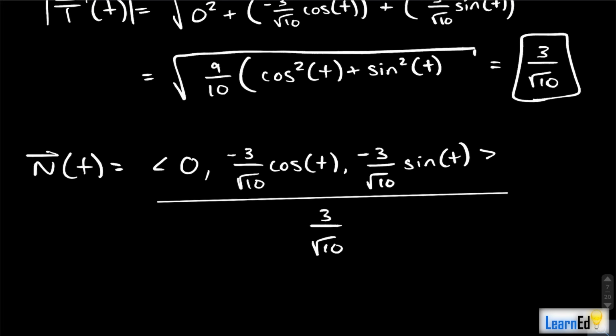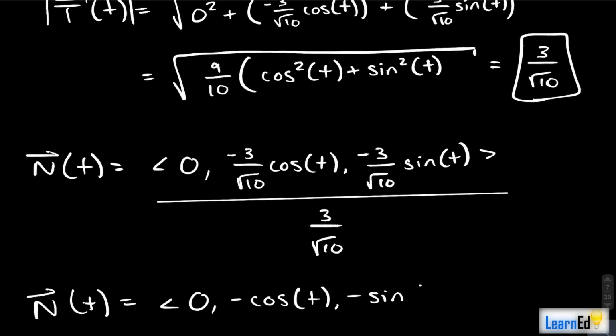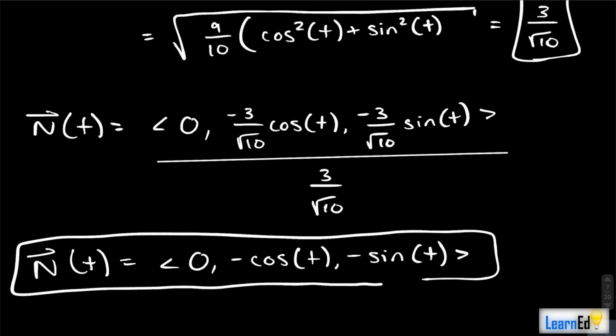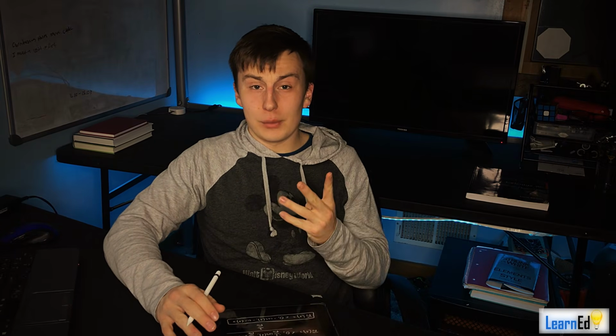Now you see that we're going to get some really nice cancellations here, and we will wind up with a nice unit normal vector that is just going to be 0, negative cosine t, and negative sine of t. That right there is your unit normal vector. Okay, so we have 2 out of the 4 things that we need to find.